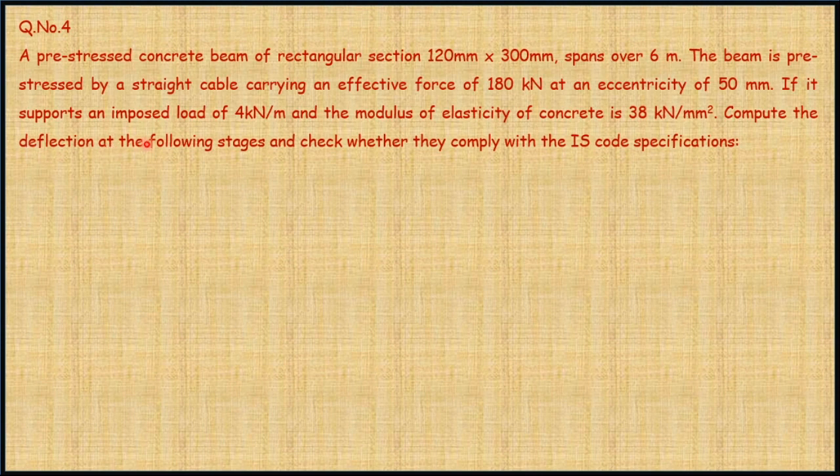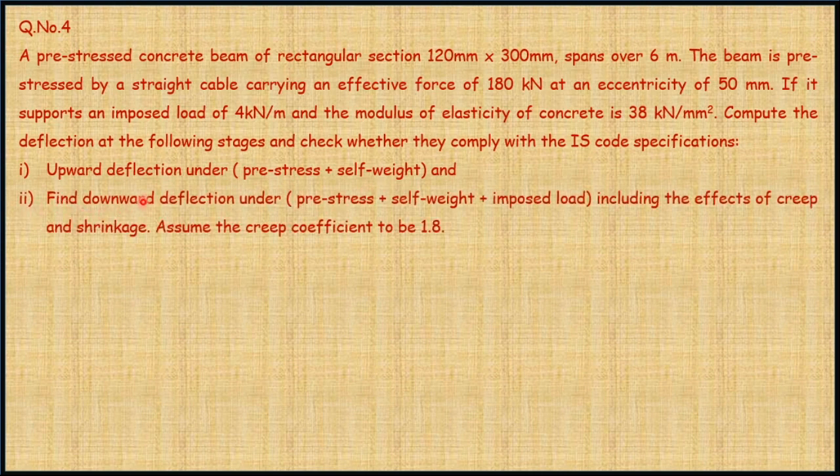Compute the deflection at the following stages and check whether they comply with the IS code specifications. So as per IS code specifications we have to solve again. First, upward deflection under pre-stress plus self weight, and second, find downward deflection under pre-stress plus self weight plus imposed load, including the effects of creep and shrinkage, assume the creep coefficient to be 1.8.